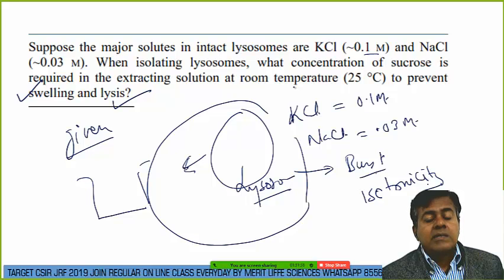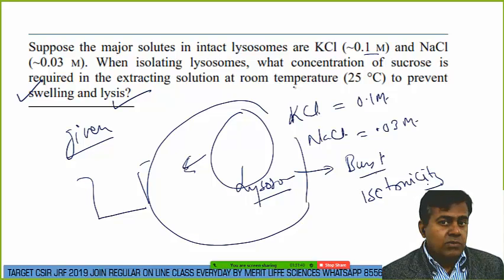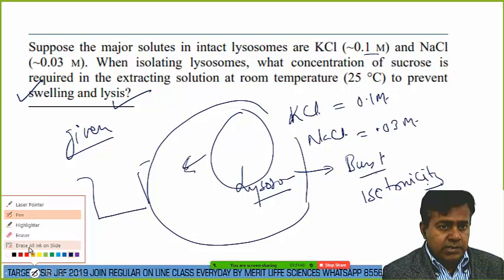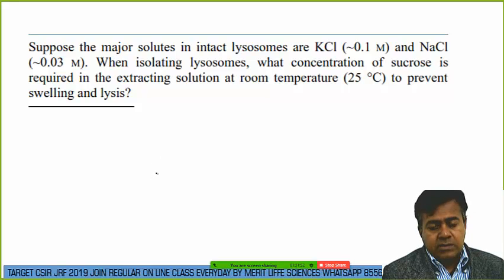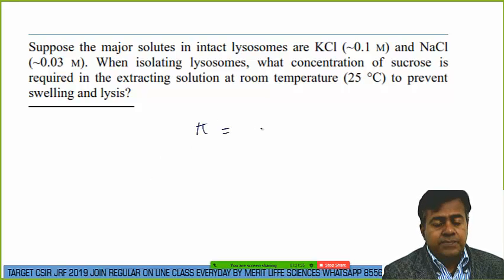How are you going to calculate? You should not depend on the answers. You should have the power of writing pi = iCRT. RT is fixed, so we can ignore that.